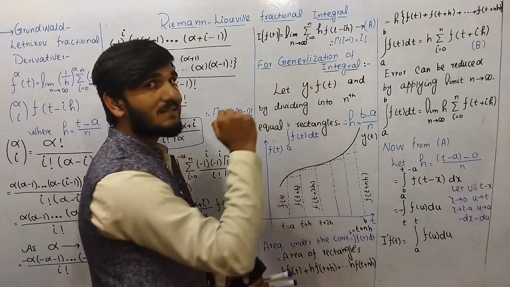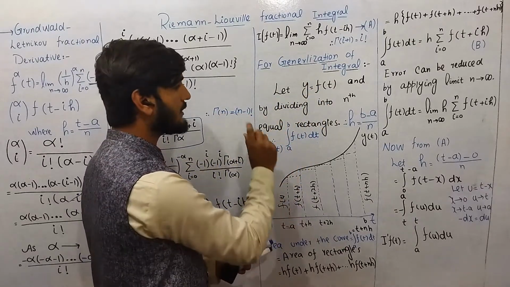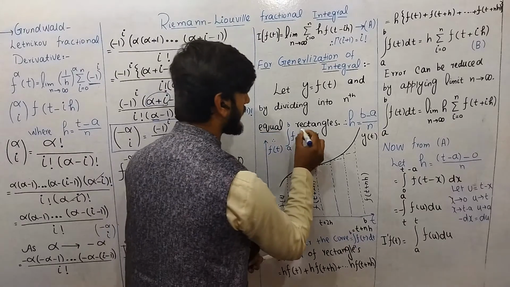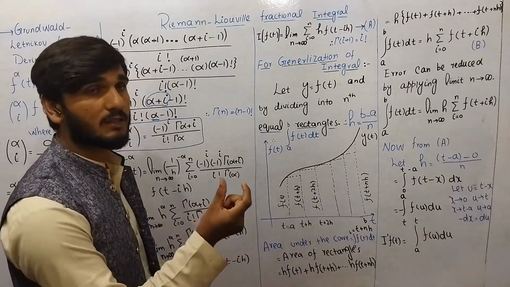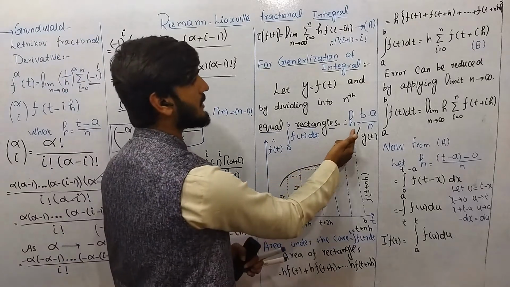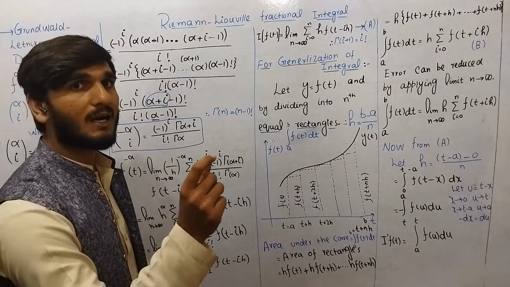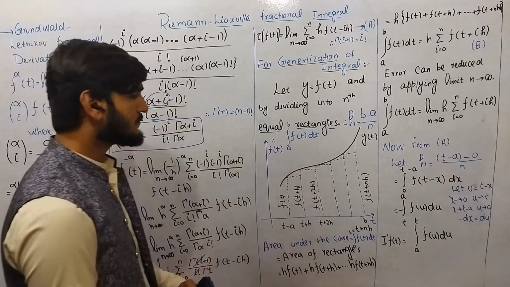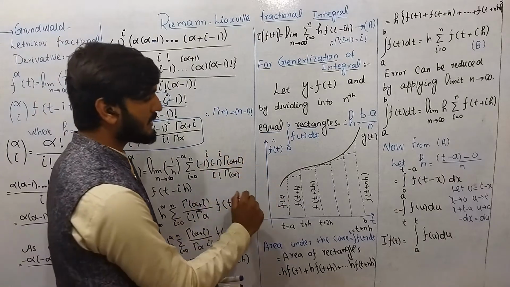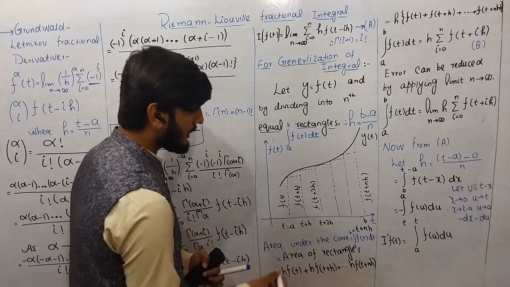To find the precise value of this function, we will divide the interval into n equal rectangles. If we take h as the width of each rectangle, then h will be b minus a over n, where n is the number of partitions that we made for the interval ab.